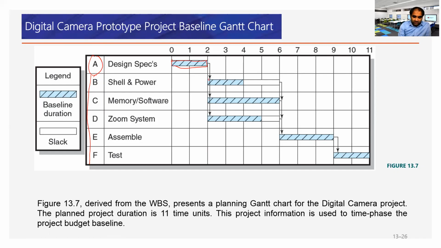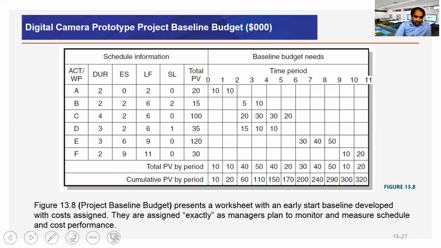Starting from week 2, then week 2 to 6. These are the slack. So we have the baseline Gantt chart for any specific project. Next is this one from the project network diagram. We have the schedule information.